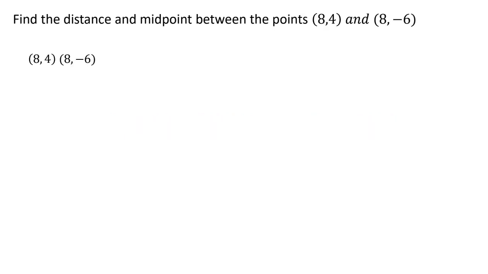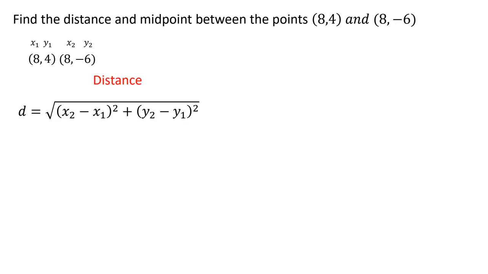So the first thing that we want to look at is finding the distance and the midpoint between 2 points. Here they give us the points (8, 4) and (8, -6). The important thing to remember is the formula. The distance formula is the square root of (x2 minus x1) squared plus (y2 minus y1) squared. I labeled my points as x1, y1, x2, y2, or you could have reversed the order.